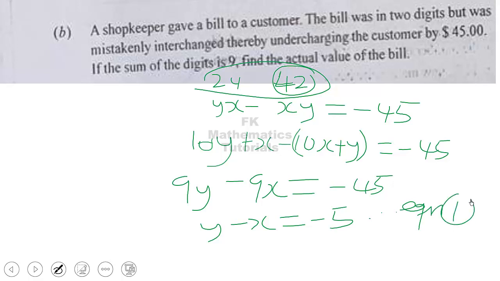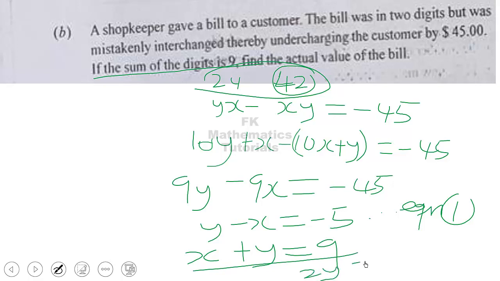Now, if the sum of the digits, so x plus y, is equal to 9, so if we add the two equations, we'll get 2y is equal to 4. So it means y is equal to 2.